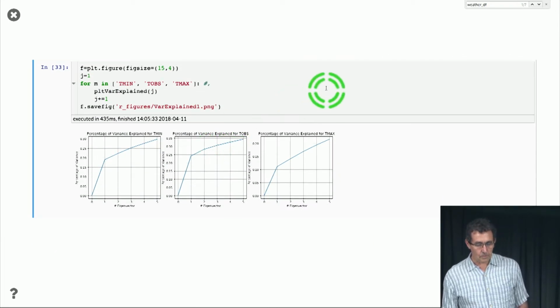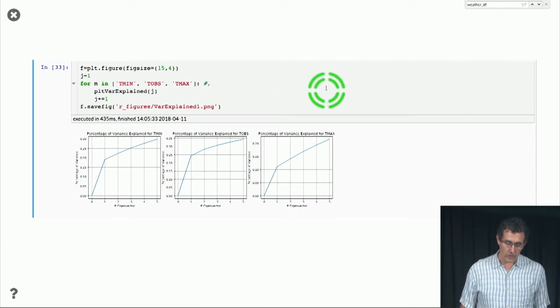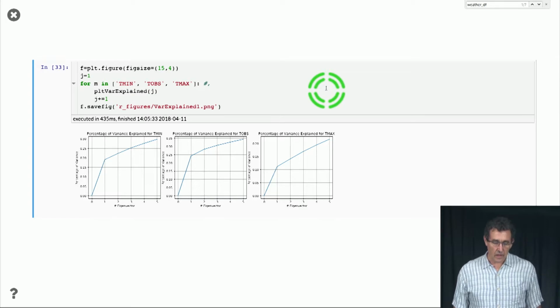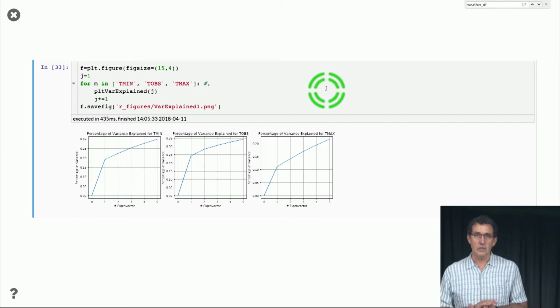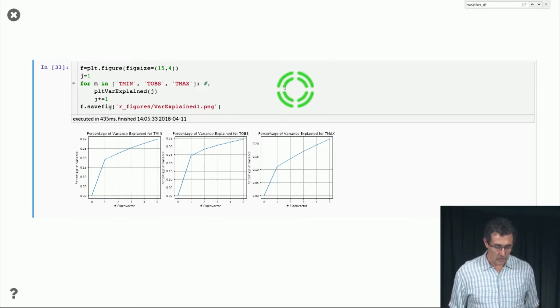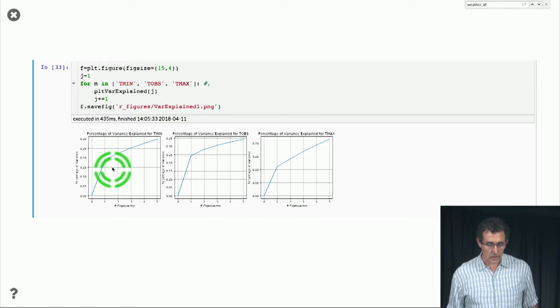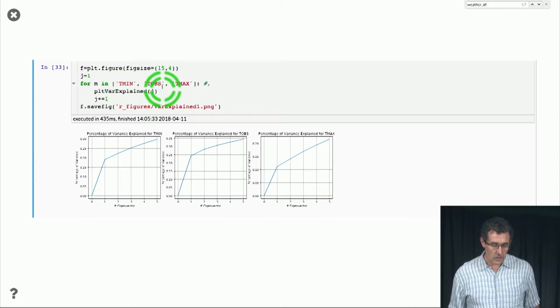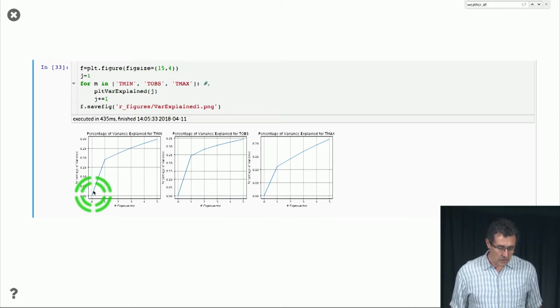Okay, so the first and most important thing to look at is how much of the total variance do the top eigenvectors explain? So what we see here is that for T min, T observed, T max, it is modest.